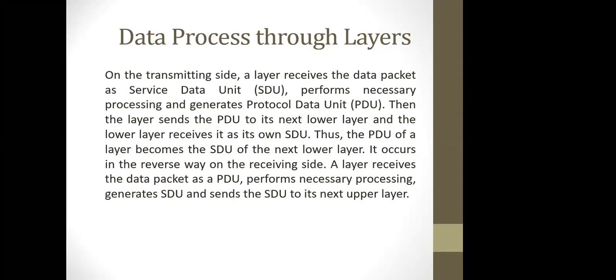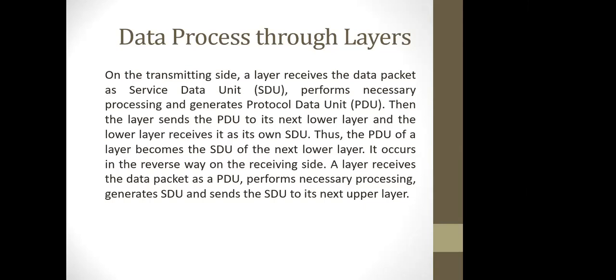The next lower layer receives those packets which were PDUs for the upper layer, but now the next lower layer treats them as SDUs for itself. Okay, I mean the PDUs of the upper layers are SDUs for the lower layer. So say for example RLC is a layer.